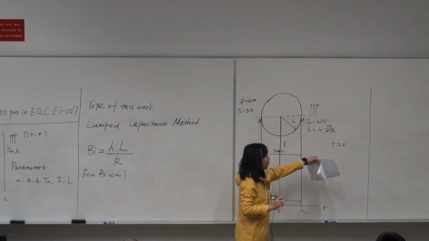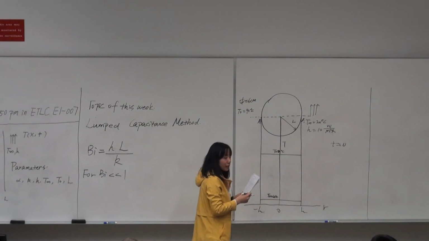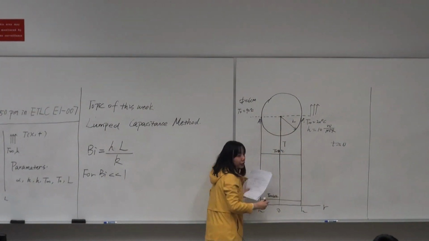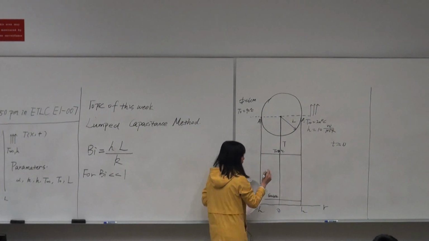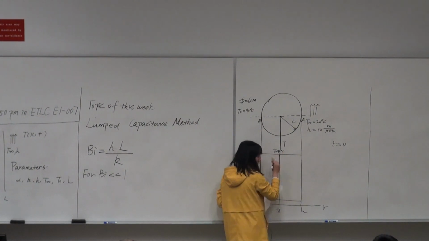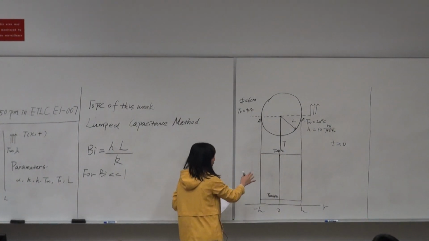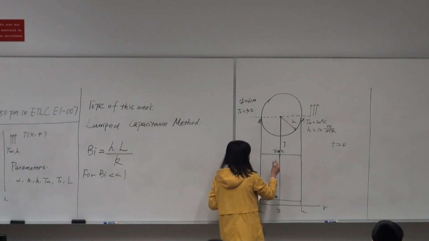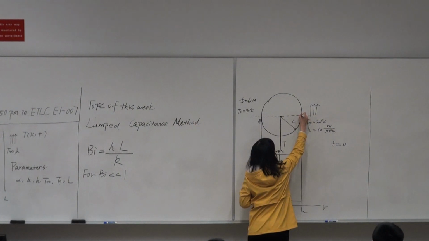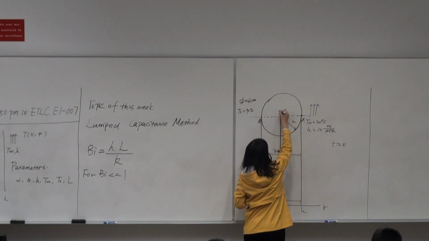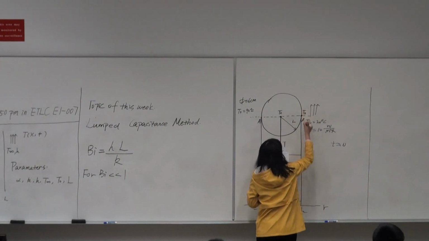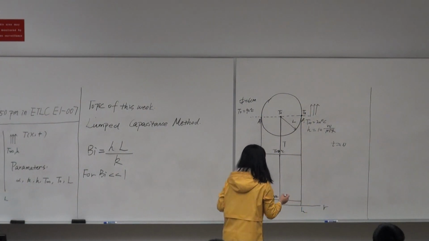At the very beginning of the cooling process, let's consider the center temperature. It will be a little bit cooled down, but not very much because the cooling process just starts. How about T center for center temperature and Ts for surface temperature?